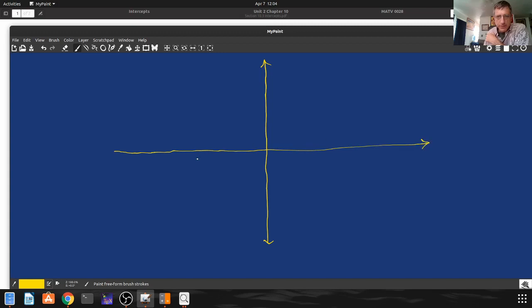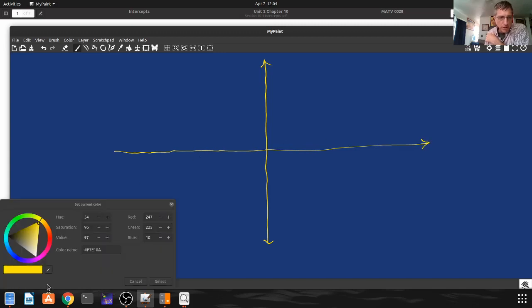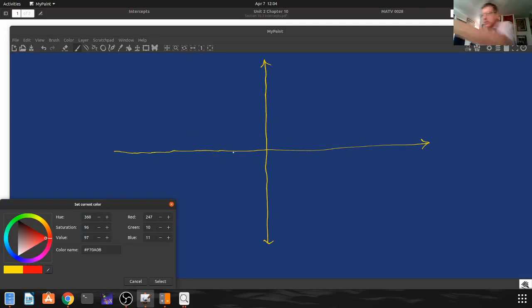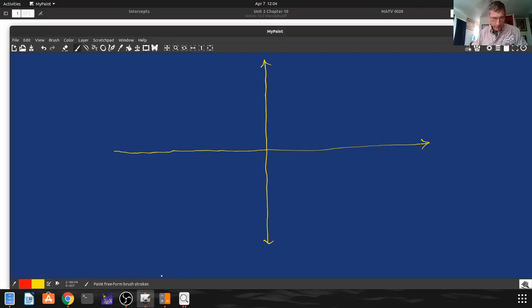Good enough. So let's draw 2 different lines. One is going to be given by, I've got my ruler here. Right here.